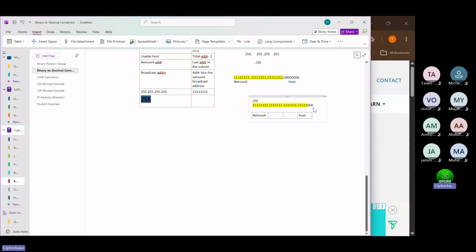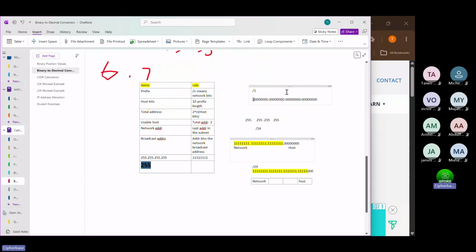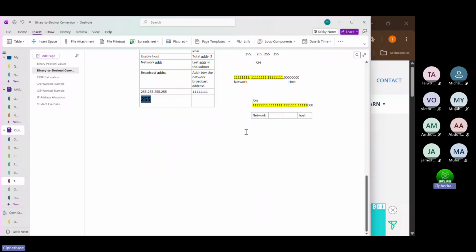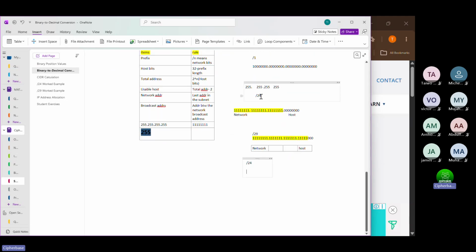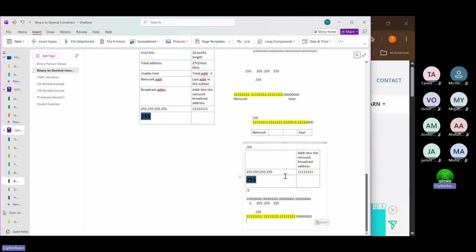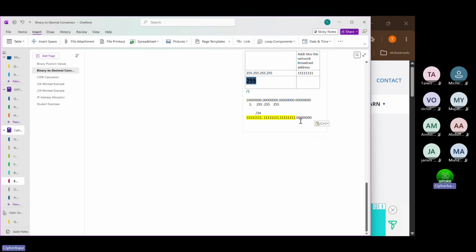Now, remember, our major goal is /24. /24 is our major goal here.